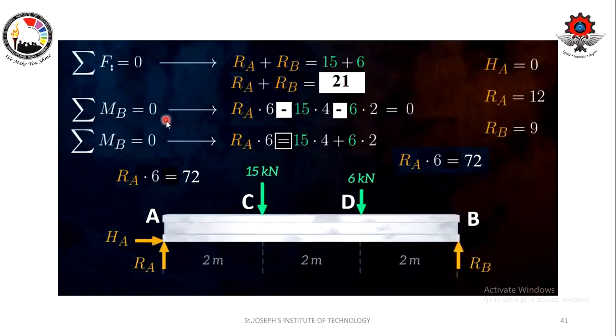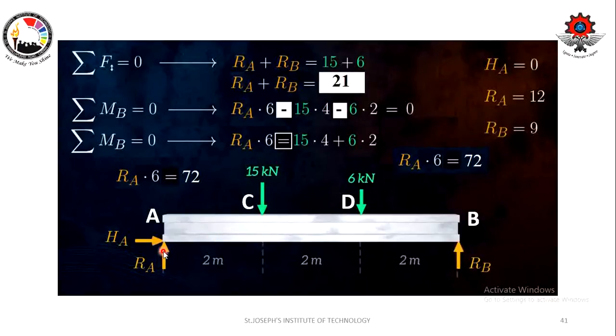This is where we apply the equilibrium conditions. What is the condition? The sum of all the vertical forces is equal to 0. Applying that, we form an equation: RA plus RB is equal to 15 plus 6.